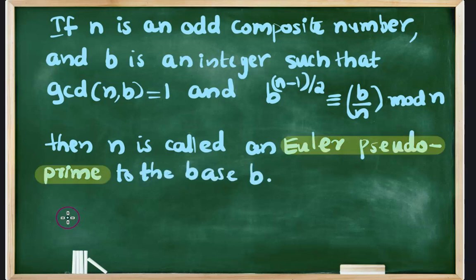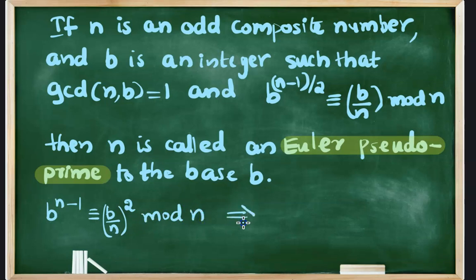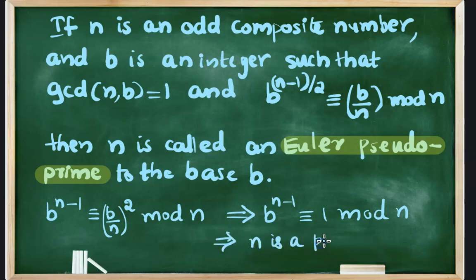From the definition itself, it is obvious that b raised to n-1 will be congruent to the square of the Jacobi symbol modulo n, and that will imply that b raised to n-1 is congruent to 1 modulo n, which implies that n is a pseudo prime to the base b whenever n is an Euler pseudo prime.